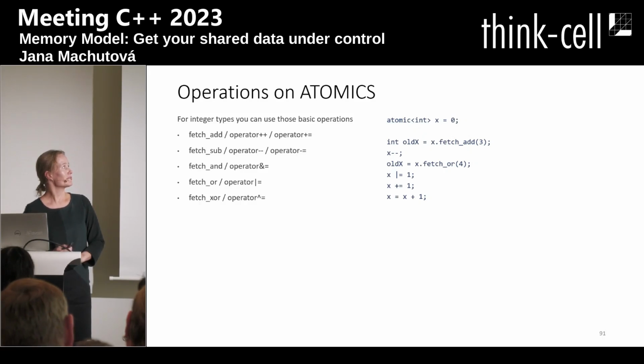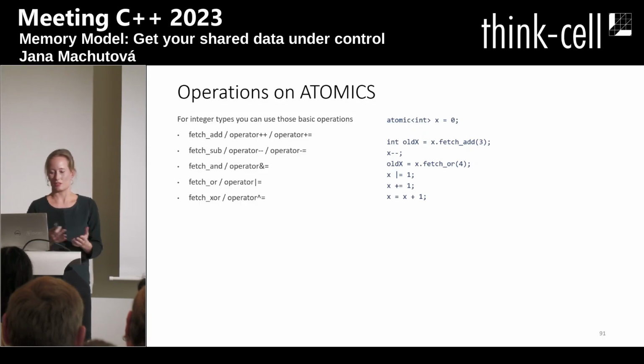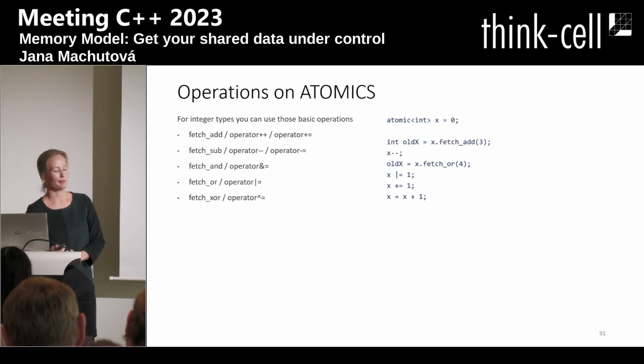I have heard several recommendations to use explicit, because when you write an overloaded operator and you read it again, you don't notice at all that it's atomic. It seems like just a plain integer. You don't know it's atomic, and you may mess it up when you change just one line. So it's maybe better to use the full name rather than the operator, but it's up to you.